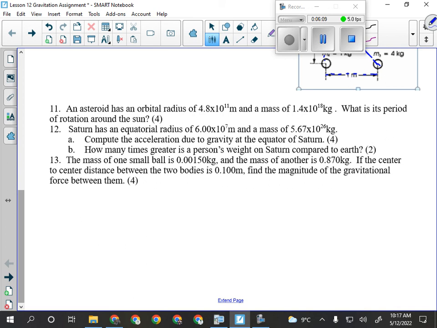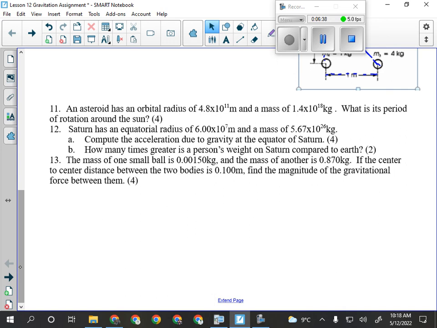Number 13, the mass of one small ball and the mass of another small ball. If the center to center distance is 0.1, find the magnitude of the gravitational force between them. Nothing on there we haven't done. I mean, we haven't done one with 3 masses like question 10, but we've done one with 4. We've done one with 3. I think you can extrapolate from that experience to solve that problem.